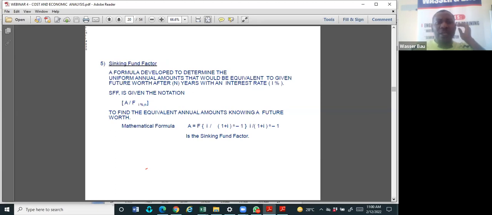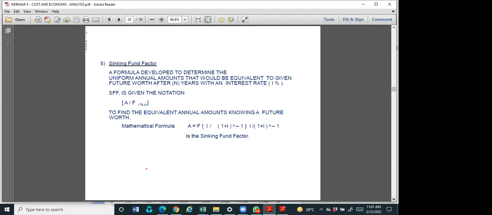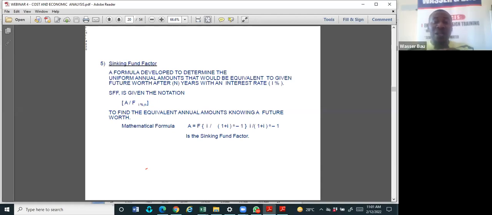Okay, then the next one is the sinking fund. Let me give you a practical example of when somebody says a sinking fund. You want to send your child to the US to study in 5 years' time, and the school fees is $75,000.